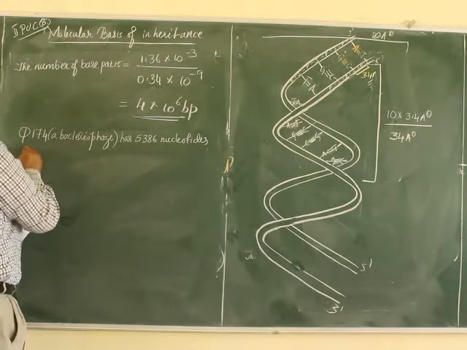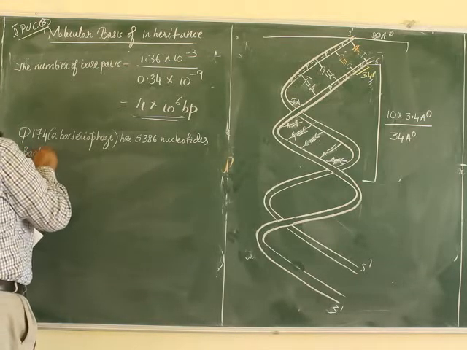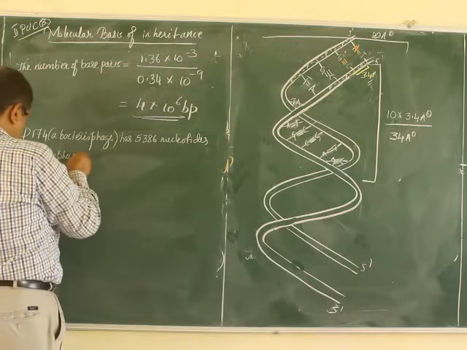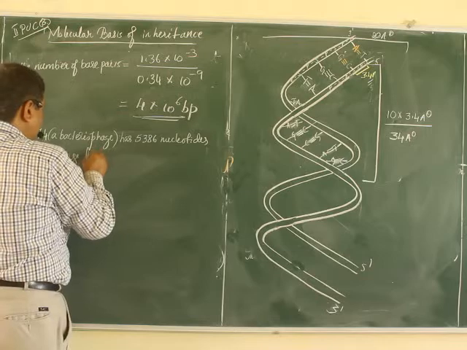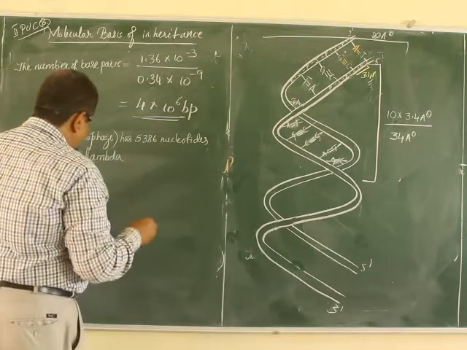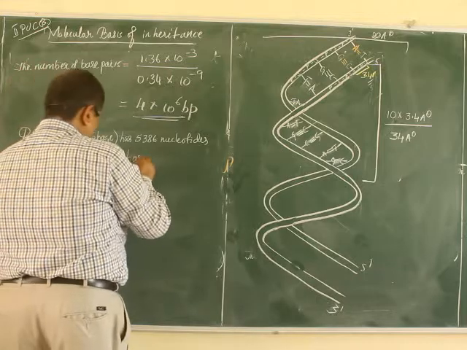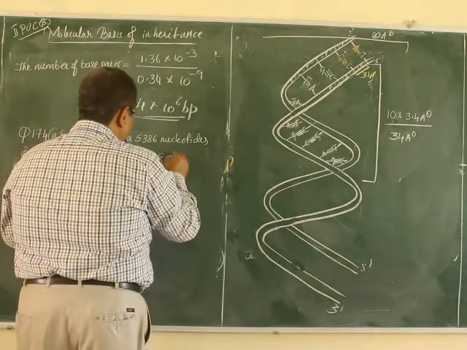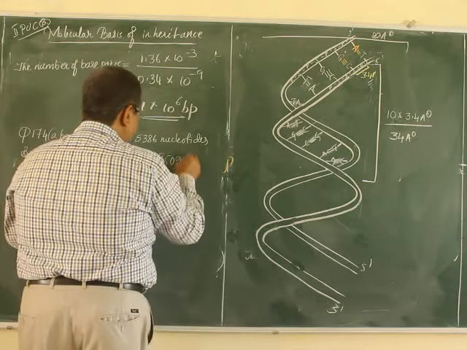Then bacteriophage lambda has 48,502 base pairs.